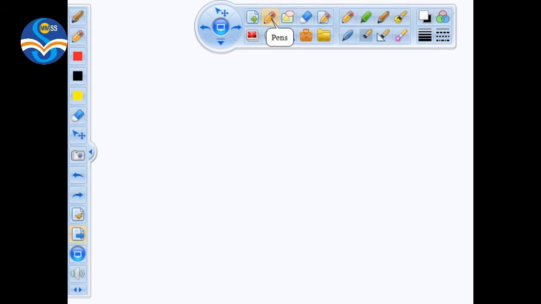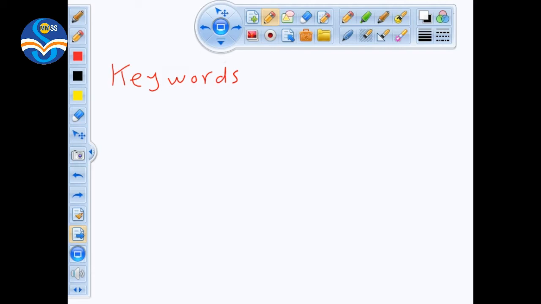The first thing: what are the key words of the present simple? The words that when I see, I know that this is present simple.